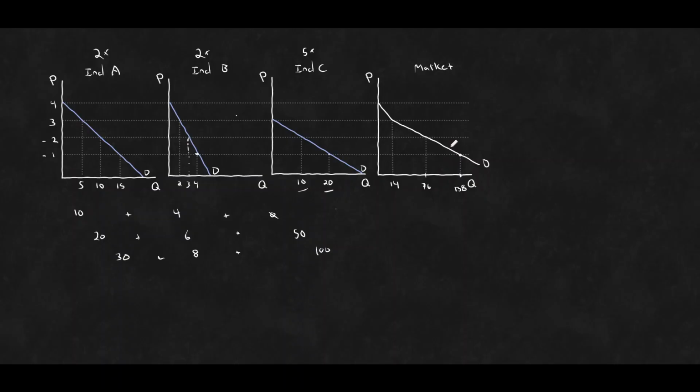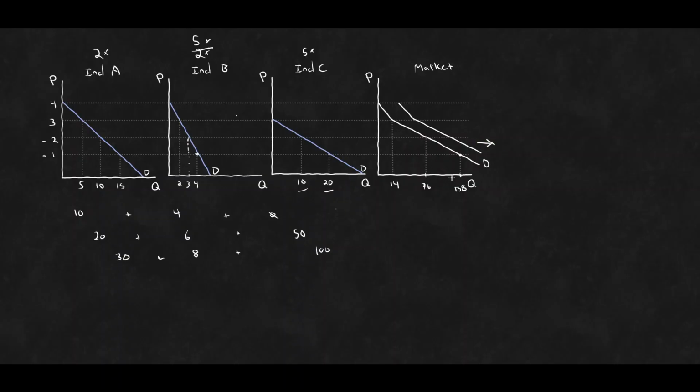One of the things that you should be able to see is that if we were to add more people, say we were to go 5 times people B instead of 2 times, the result would be something, and I'm just going to do it generally, we're not going to calculate those numbers, but generally something like this, such that if we had more of a certain type of people, our demand curve would move out to the right.